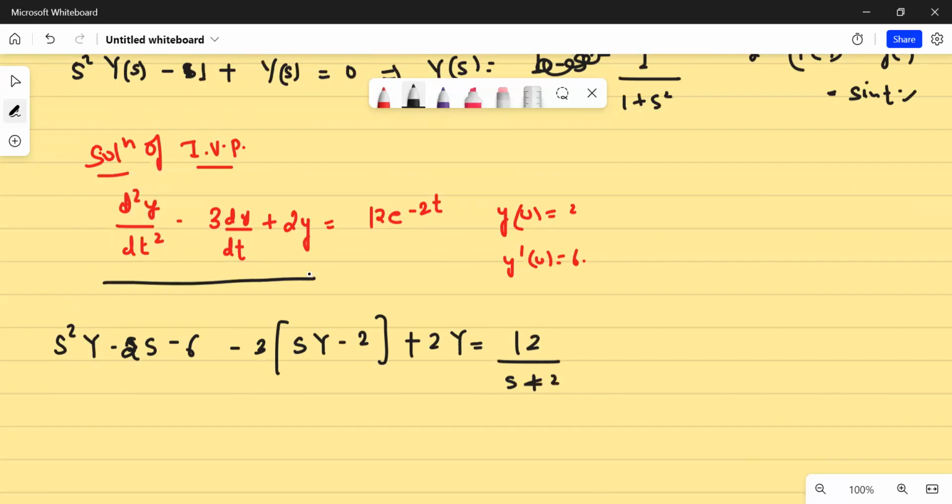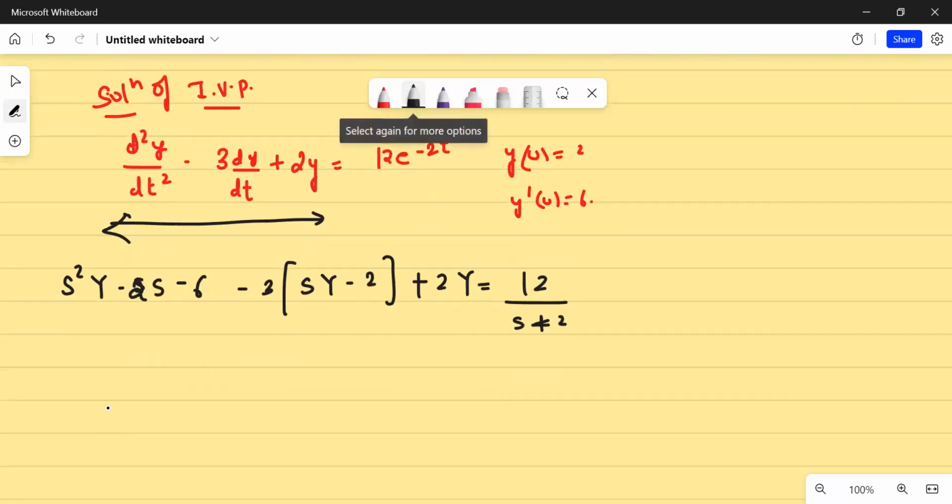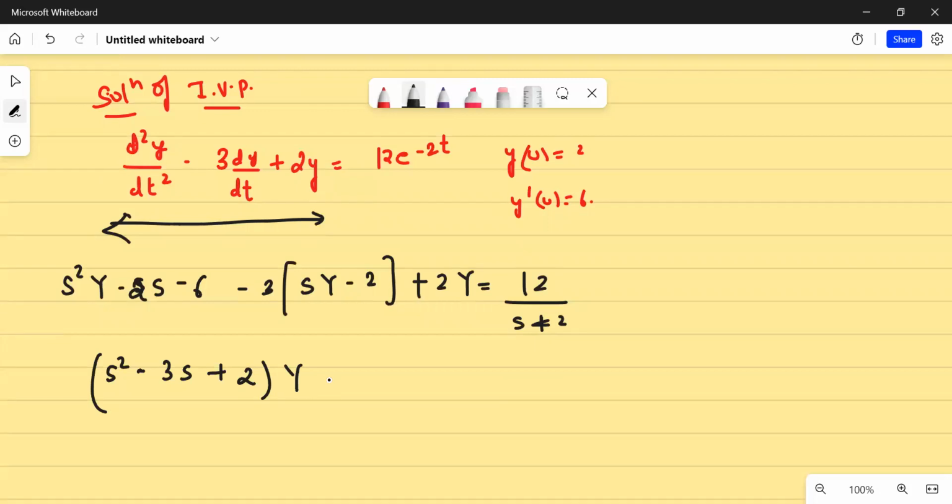I hope it is clear. I have taken the Laplace transform on both sides and directly written the result so that we can save our time. And if I add these terms up, s square is there, and this is, oh, this is Y(s), and s into Y(s) is also there. So this is minus 3s, then plus 2 is here, and this entire thing is equal to 5 minus this term 2s.